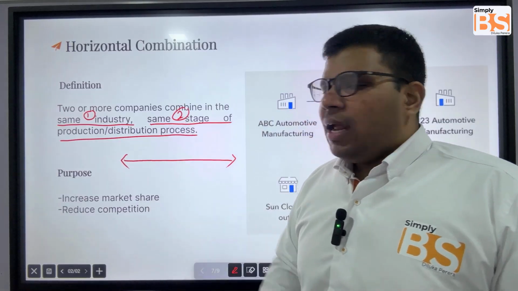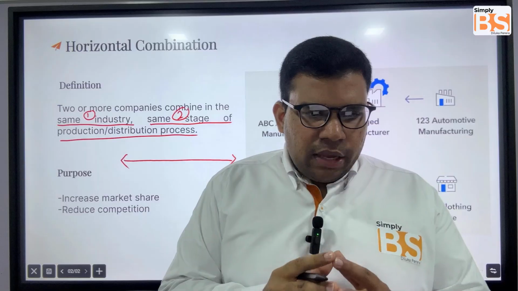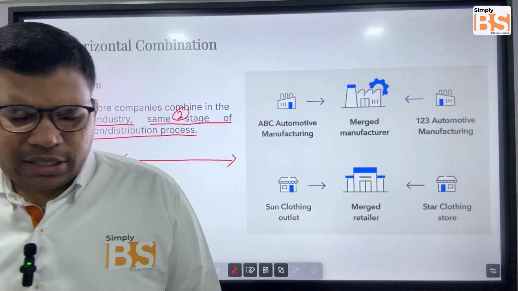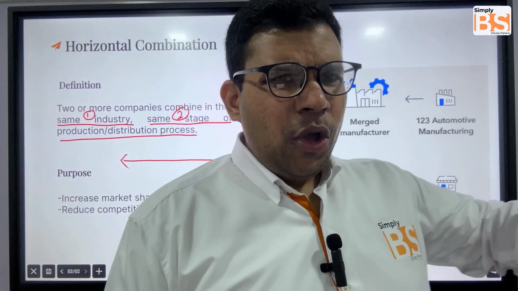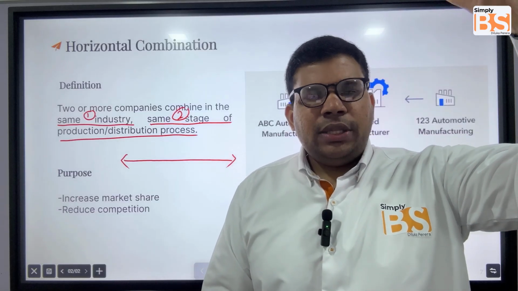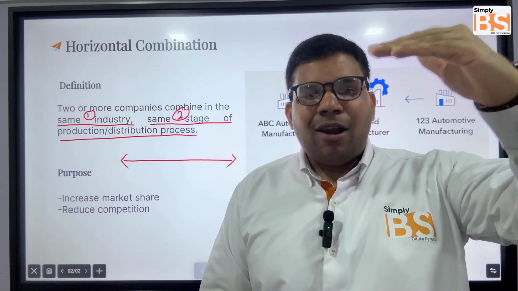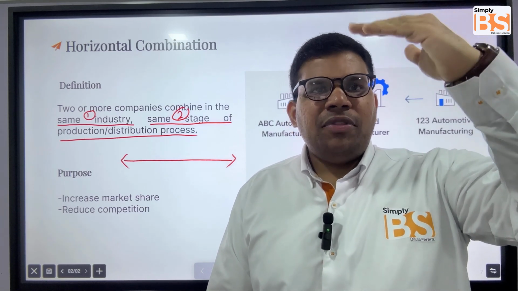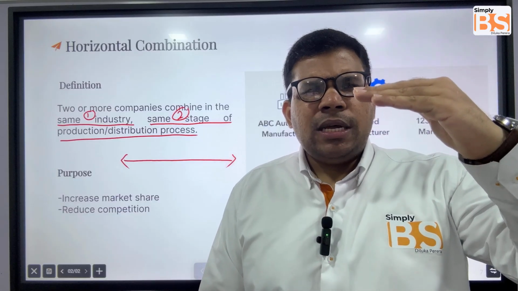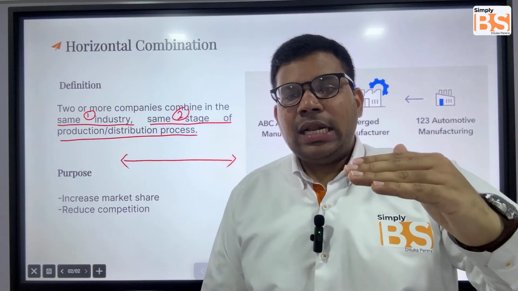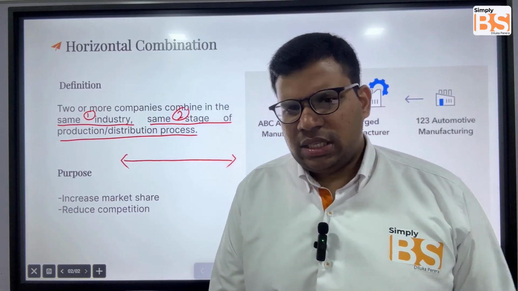Now, students, if you look at the stages of the production and distribution process, there are different stages. You have the raw material sourcing stage, then the manufacturing or processing stage, then the distribution stage, then the retail stage, and then the after sales stage.